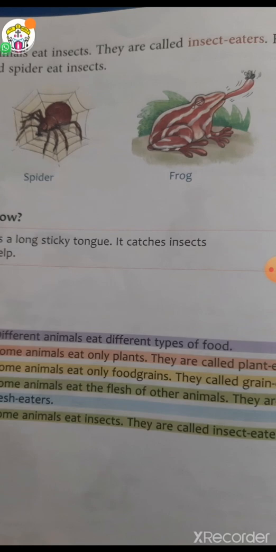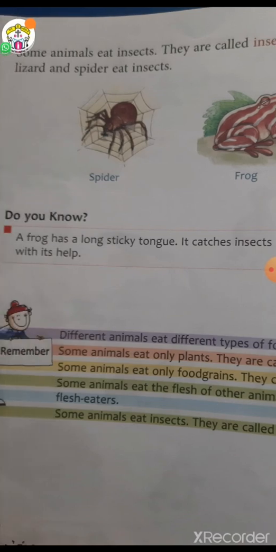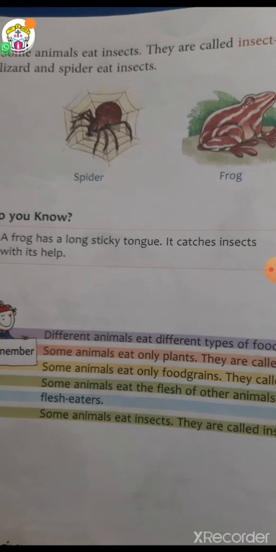Why it is having the quality of stickiness? क्योंकि right now I have told you उस पर इंसेक्ट बैठता है, वो चिपक जाता है और फिर फ्रॉग उनको इजीली कैच कर लेता है, खा लेता है. It catches insects with its help. तो इस स्टिकी लॉन्ग टंग की हेल्प से फ्रॉग अपने इंसेक्ट्स को कैच कर लेता है, पकड़ लेता है.